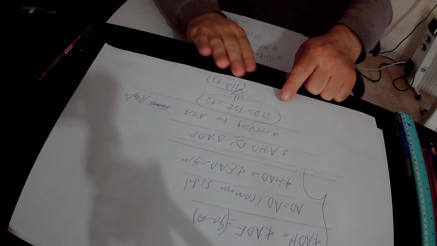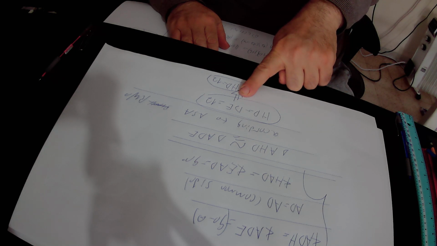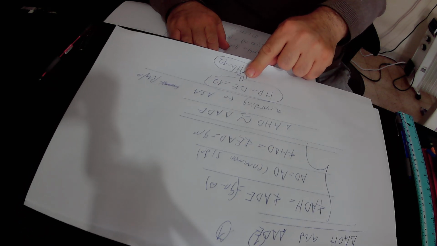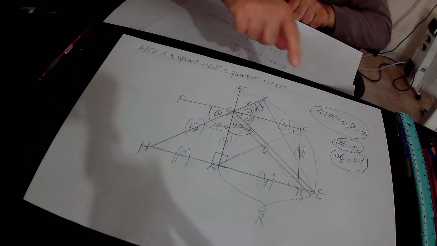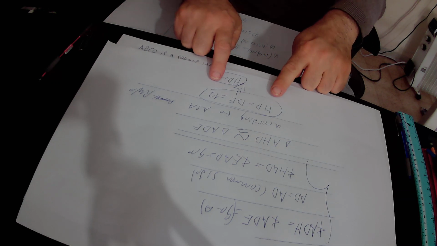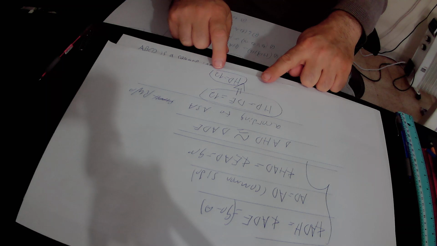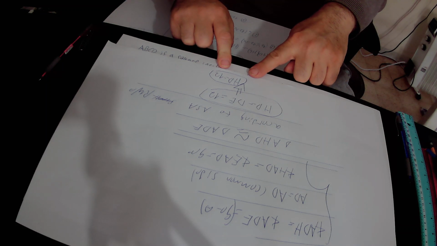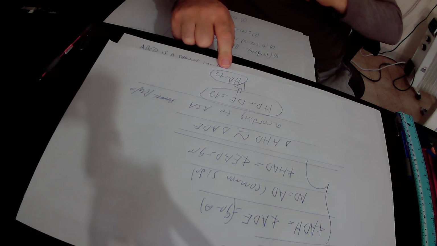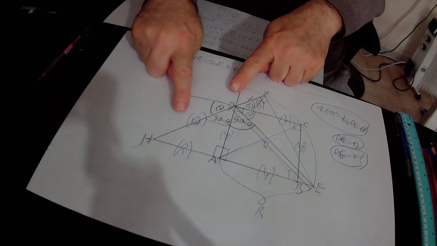So HD equals DE, but DE equals 12, according to what's given in the question. So from this equation we derive that HD also equals 12.